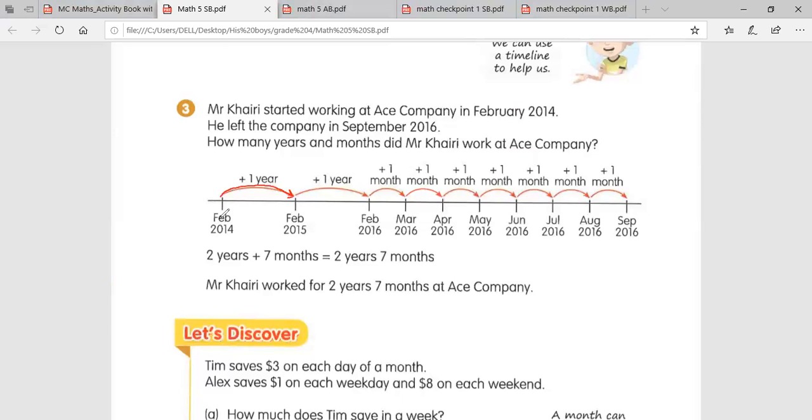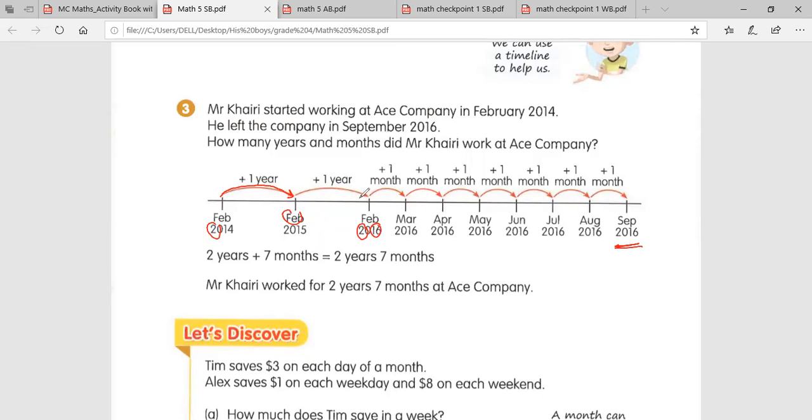February 2014, add 1 year, we put February 2015. Add another year, you put February 2016. After that, count to reach September 2016.